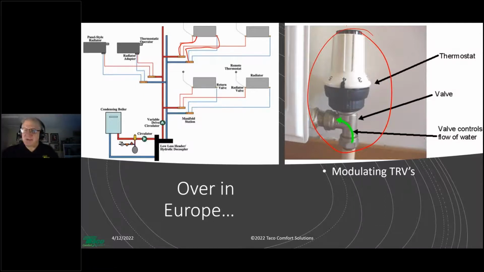It's a home run direct supply and return, usually in small diameter PEX, to individual radiators controlled by a thermostatic radiator valve. Because there are no thermostats in those types of systems, the circulator typically runs 24/7. It starts running in September and stops running in April. The TRV will modulate, opening or closing to regulate the amount of heat delivered into a room and the comfort level in a room.